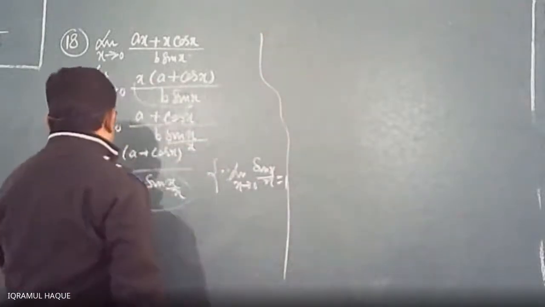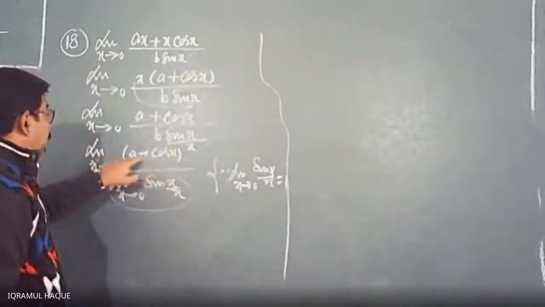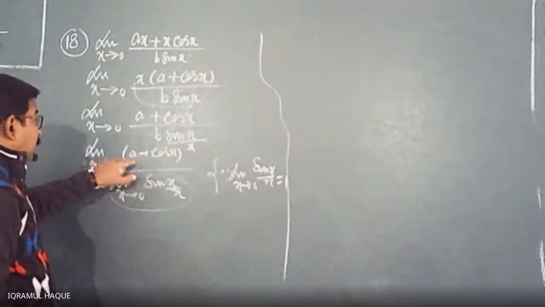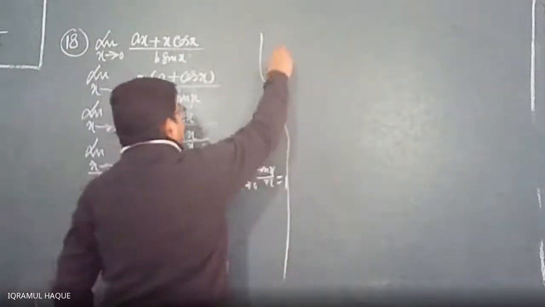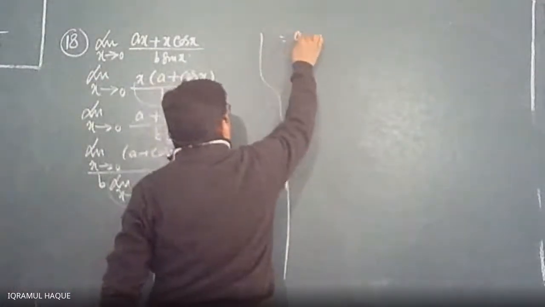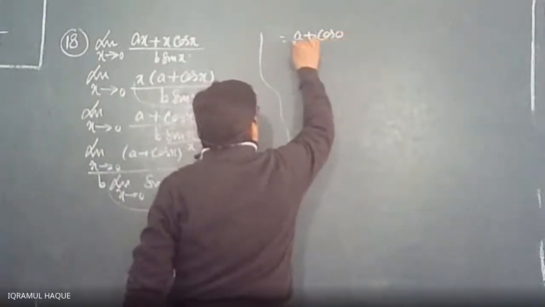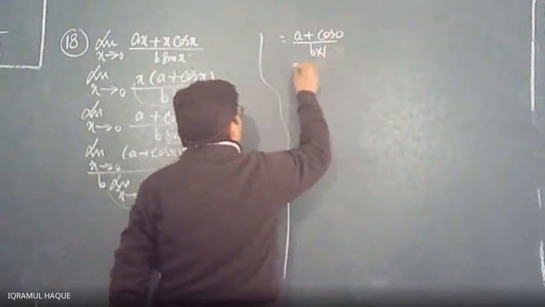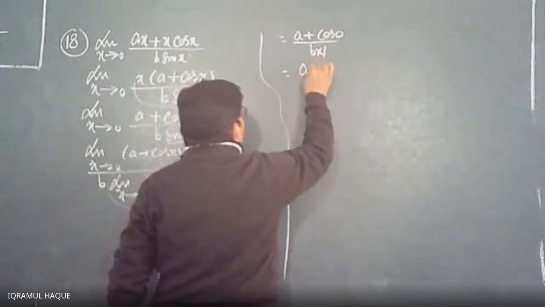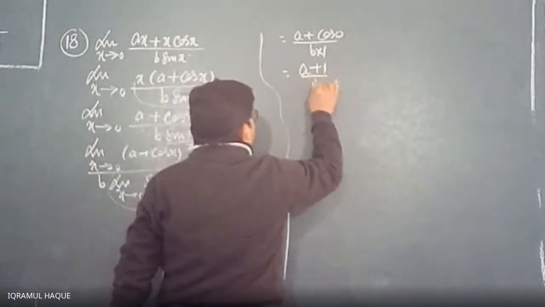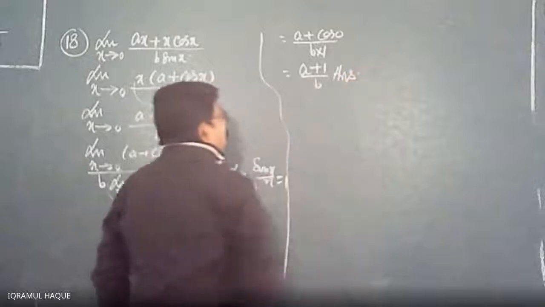So here we can put the limit. We have a plus cos 0 upon b into 1. Finally, cos 0 is 1, so a plus 1 upon b is the answer of this question.